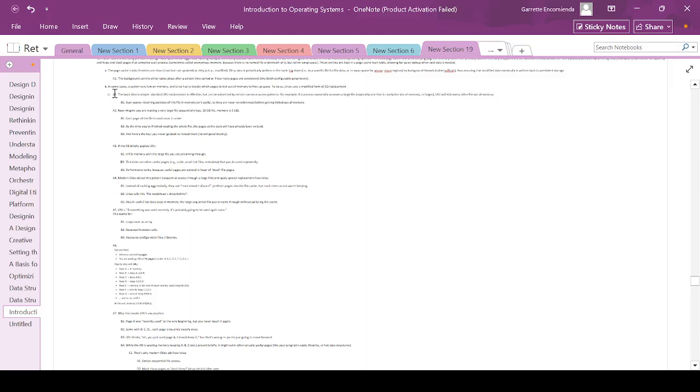So here's how the 2Q replacement algorithm works. The basic idea is simple. Standard LRU replacement is effective but can be subverted by certain common access patterns. For example, if a process repeatedly accesses a large file, especially one that is nearly the size of memory or larger, LRU will kick every other file out of memory.